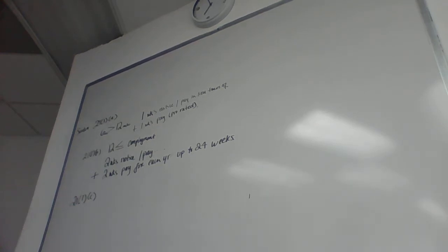And because you get 1 month's pay for each year up to 48 weeks, it essentially equates to 12 months. So as long as you've been working there for up to 12 years, you get a maximum of 1 year's pay. Anything short of that, of course, you calculate by the number of years you've been working by the month. And if it's more than that, then we know the cap is 1 year.